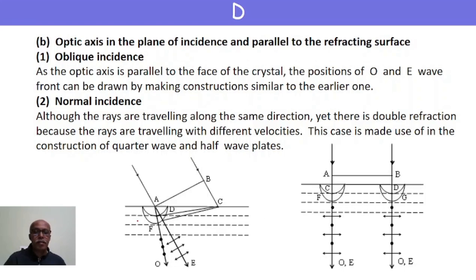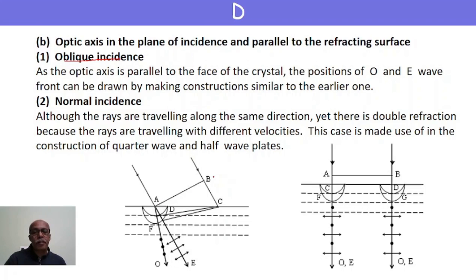The optic axis in this case is parallel to the refracting surface. These dotted lines indicate the optic axis, right? And the first case corresponds to oblique incidence. So you can see here there is double refraction.